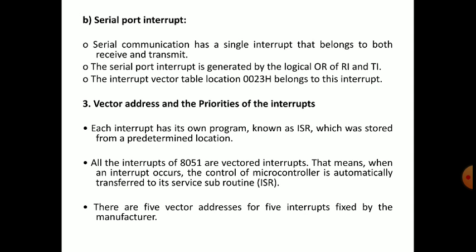That is, if any one of RI and TI is activated, then we get a high output at the output of the OR logic gate. That is the logical OR operation, right? The interrupt vector table location for this interrupt is 0023H. That is, the serial port interrupt has 0023H.